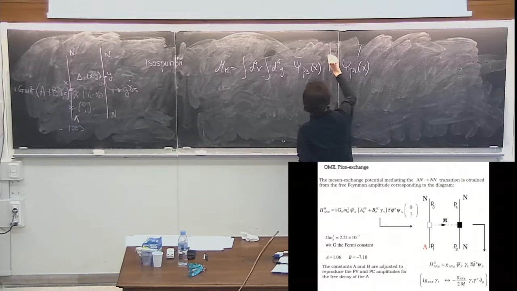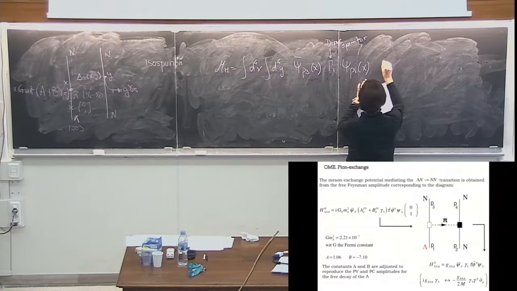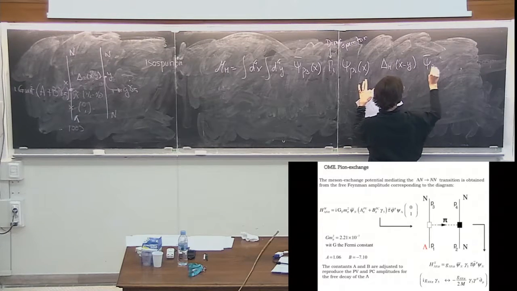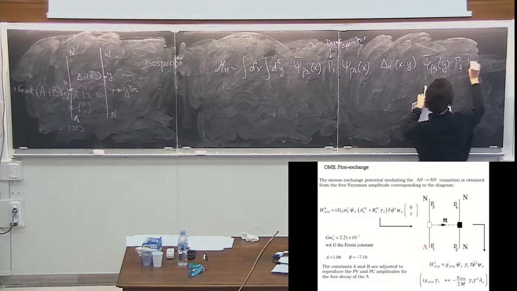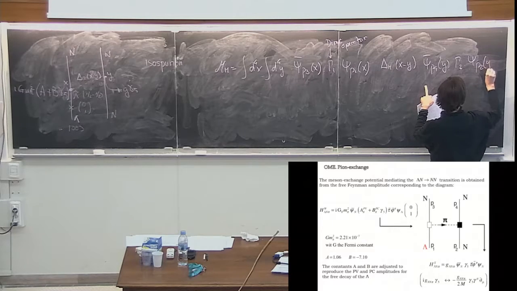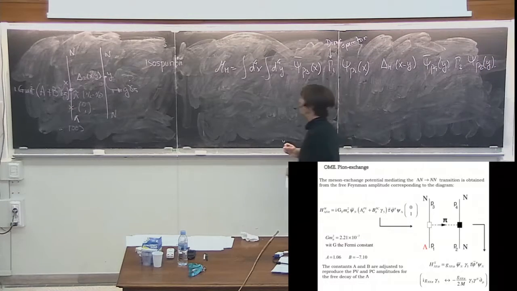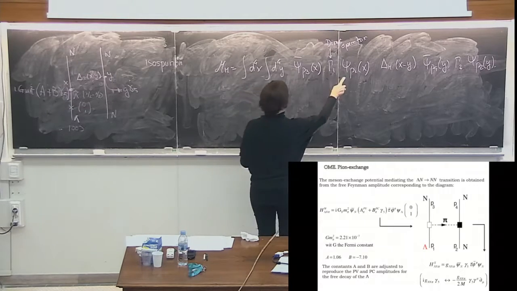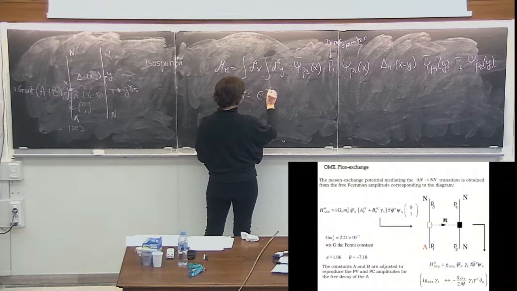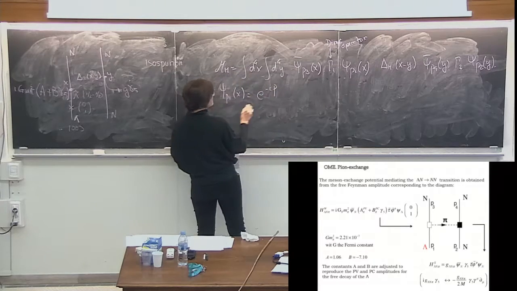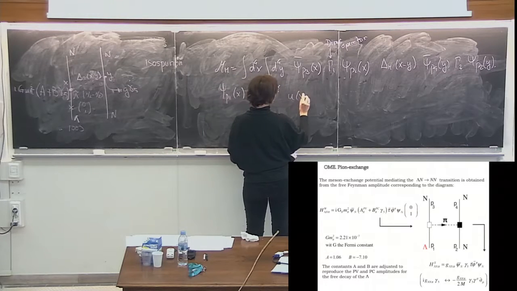This is the Dirac operator for the vertex, so it's kind of the coupling. Then you have the pion propagator, the meson propagator, and then you have the particles on the other vertex connected through the appropriate Dirac operator, right? These fields here have the usual expression, okay?